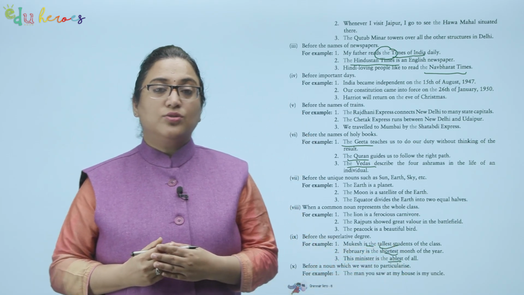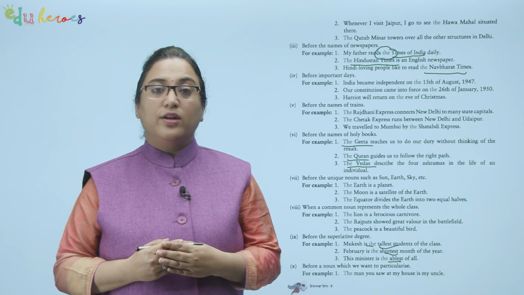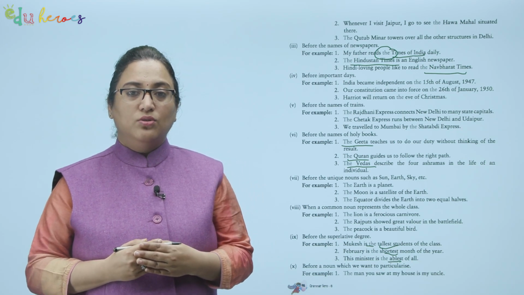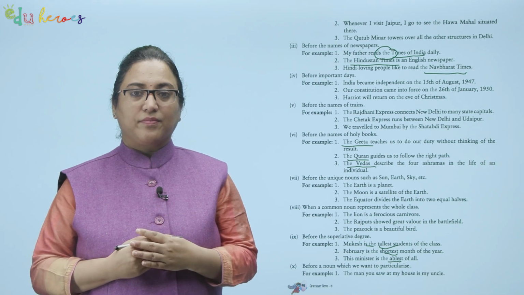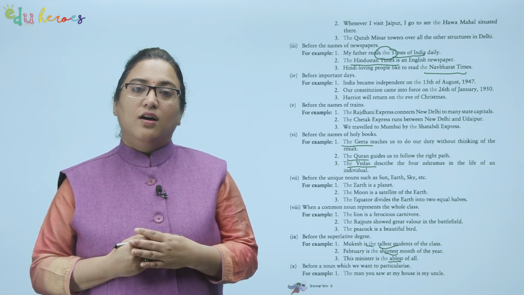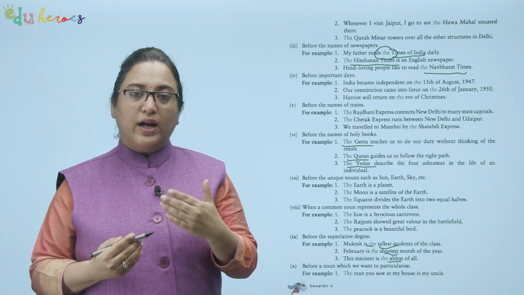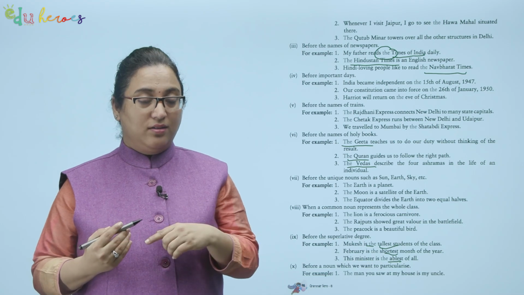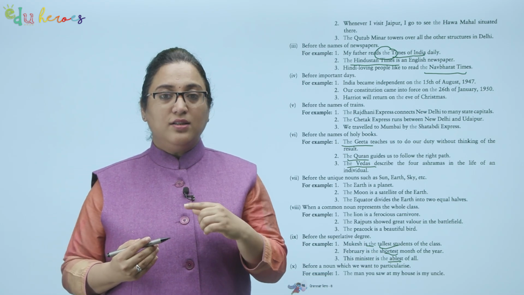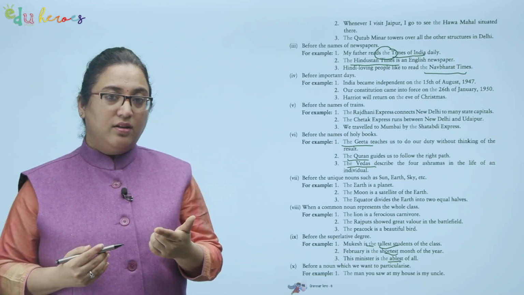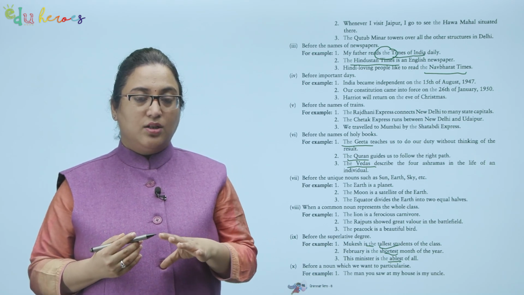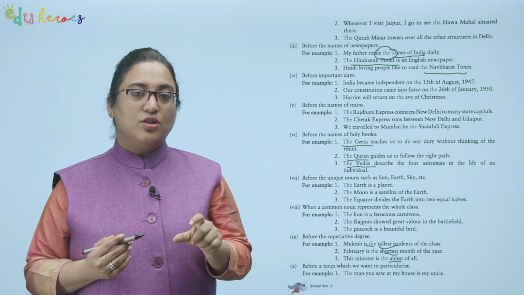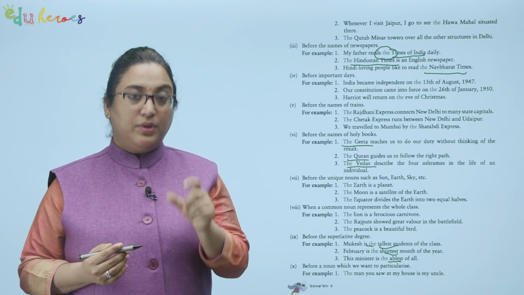We can also use the before a noun which we want to particularize, to specify. As in, the man you saw at my house is my uncle. We are trying to specify the man which somebody saw at my place. So, we are trying to focus on that particular person.